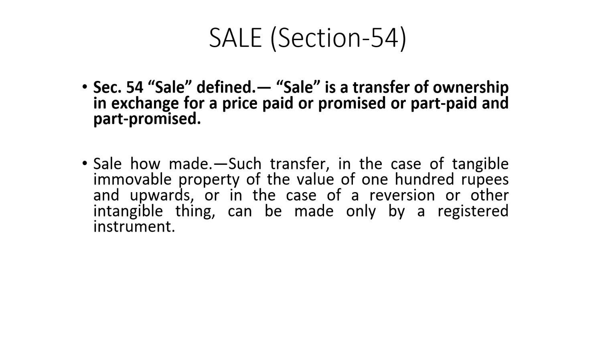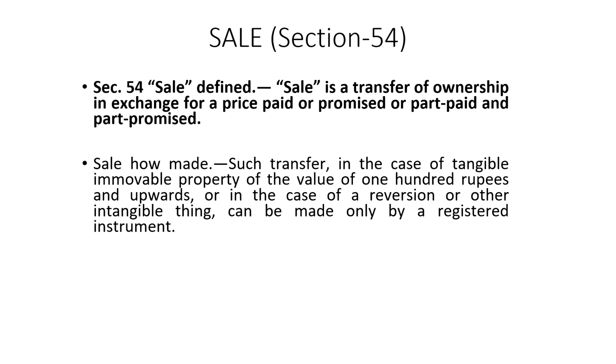First of all, I will go through the bare provisions and then I will come to the essential and introductory part. Within section 54, it not only defines sale, but also lays down how a sale is made.